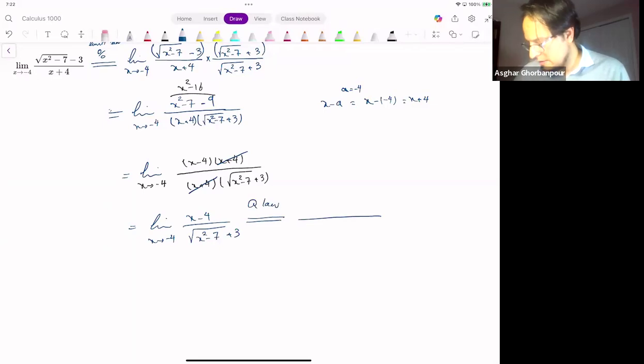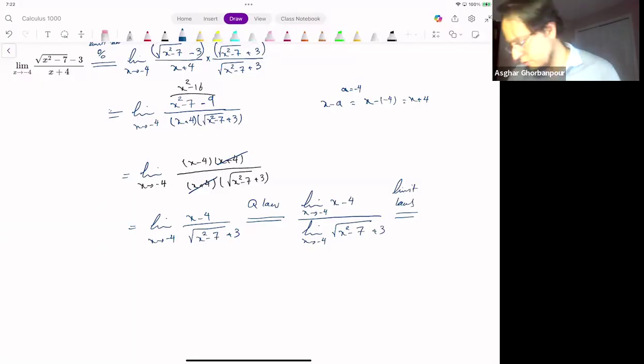This is the limit of x minus 4 as x goes to negative 4, over the limit as x goes to negative 4 of root of x squared minus 7 plus 3. And then I'll write very generally, limit laws. It gives me substitution, whatever you take. It is minus 4 over root of minus 4 squared minus 7 plus 3.